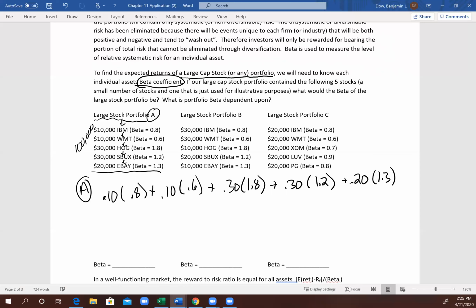So if we look at this, we can figure out the beta as a weighted average of the stocks that make up that portfolio.